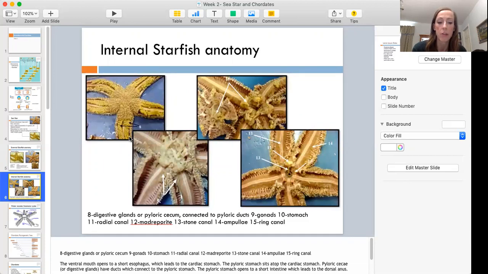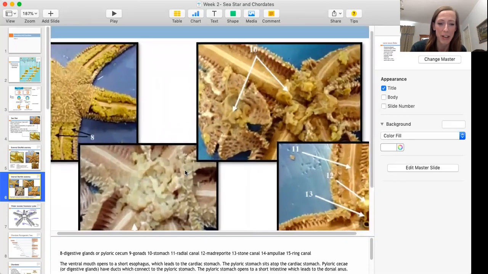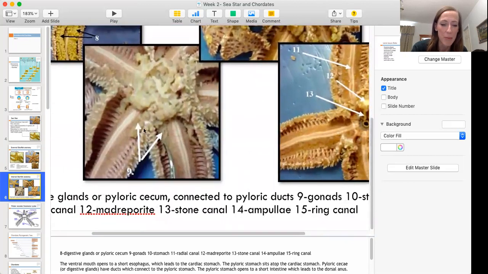And then if you remove the digestive glands, you will see directly underneath another thing that kind of looks like a bunch of grapes. Okay, I'm going to enlarge the picture here and show you number 9. In fact, this one looks pretty clear here. There's a little strand right here. And again, it's smaller, but it has the same sort of shape as the digestive glands.